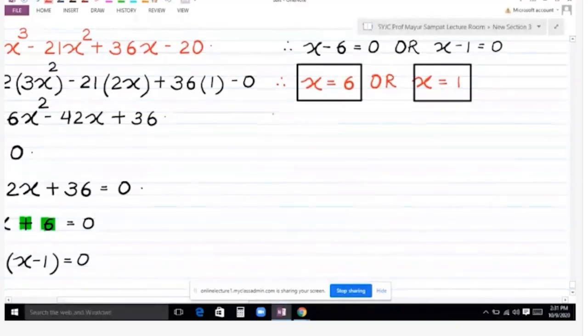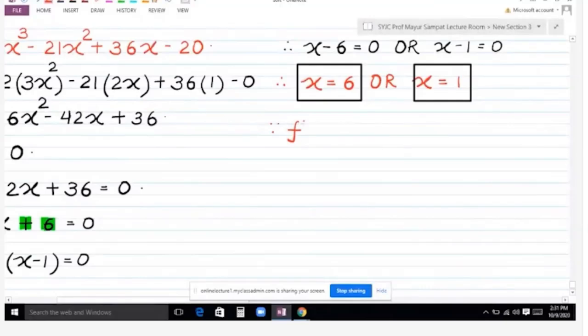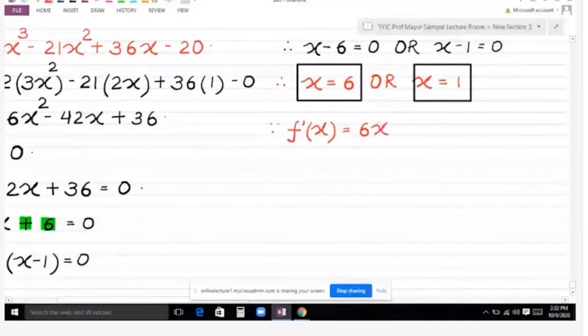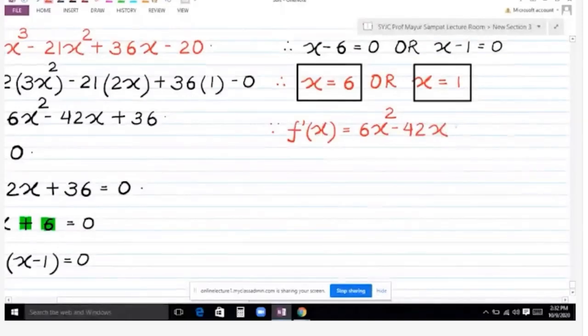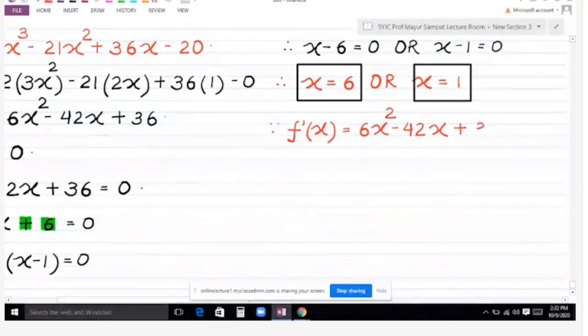सेकेंड ऑर्डर डेरिवेटिव। Since बेटा f dash x is equal to 6x square minus 42x plus 36.